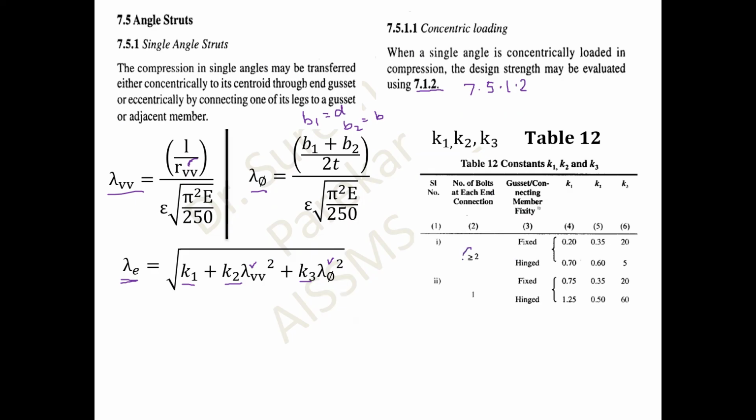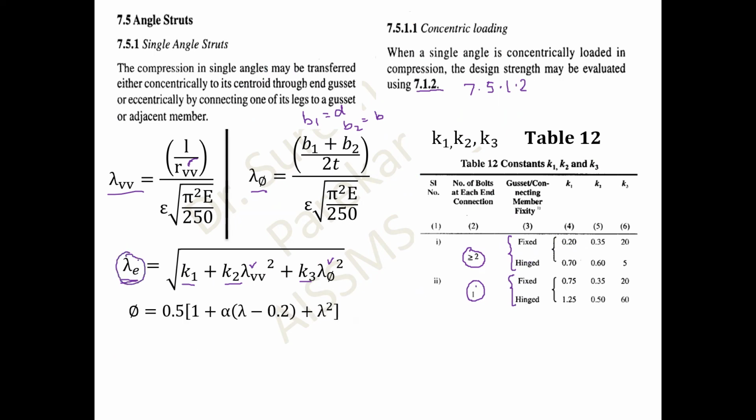So if the number of bolts is greater than or equal to 2, then we have to see which connection we have to use. And if the number of bolts is equal to 2, then again we have to decide the connection. If the connection is given, then we have to consider the value accordingly. If not given, then we have to assume the connection, and by assuming the connection, we take the values of K1, K2, K3. So by substituting the values of K1, K2, K3, we are going to get the value of lambda E.